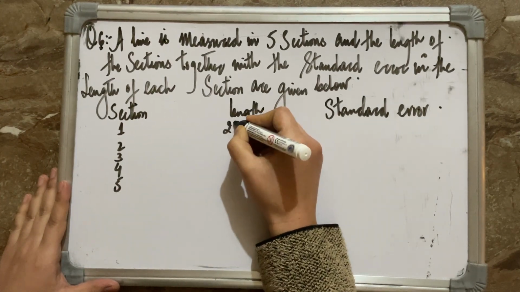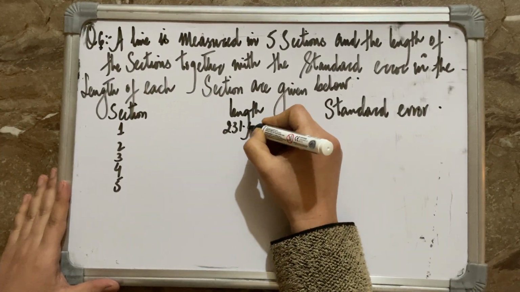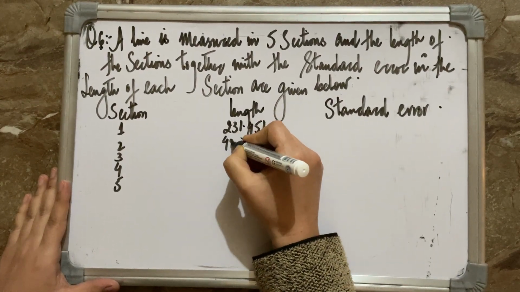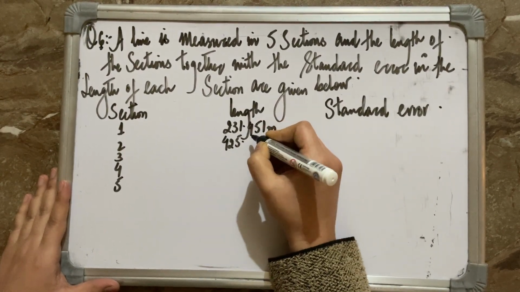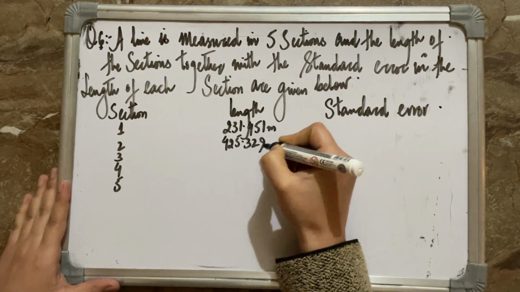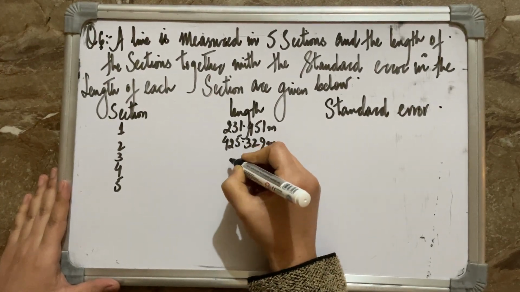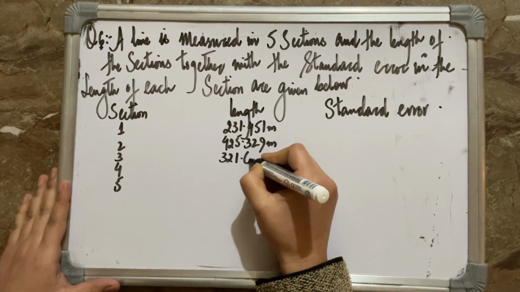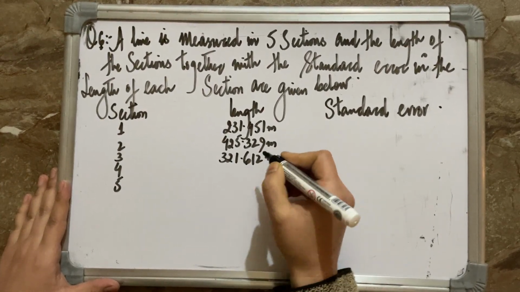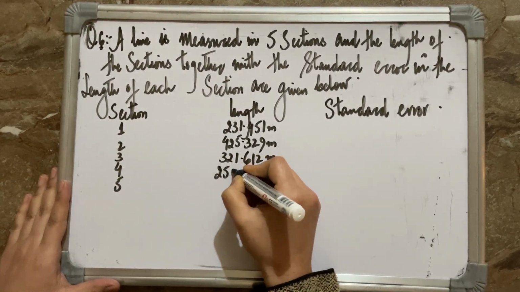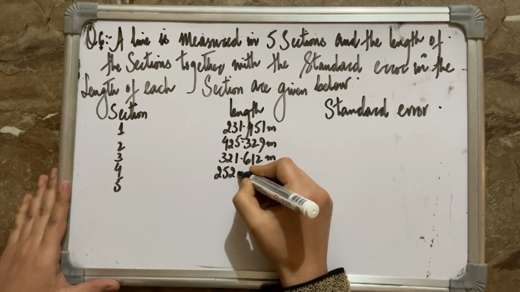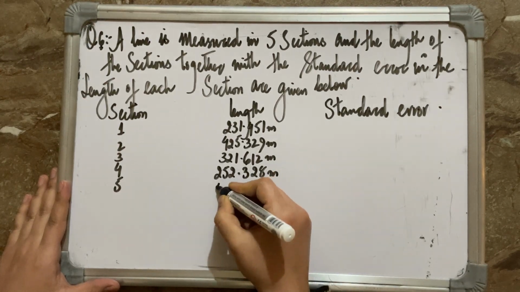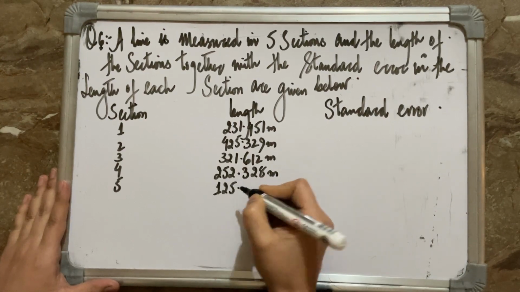Length here is 231.451 meters, 425.329, 321.612, 252.328 and 125.416.